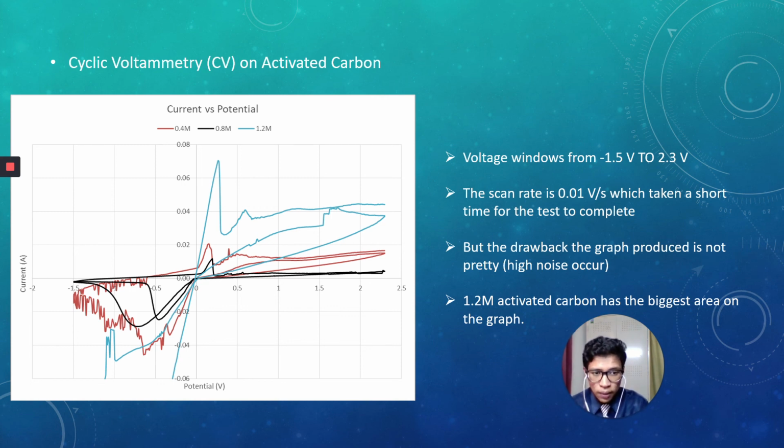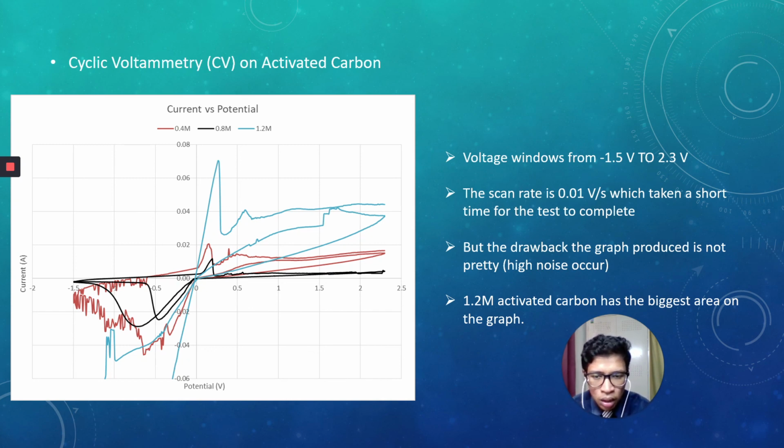But the drawback is that the graph is not quite pretty because high noise occurs, as you can see here, so much noise. But we still managed to get quite the shape of the graph that we want.